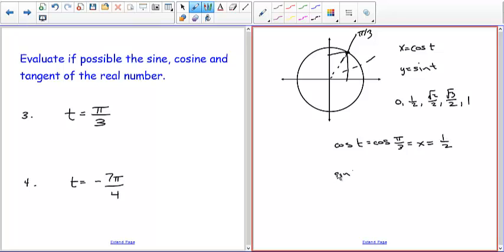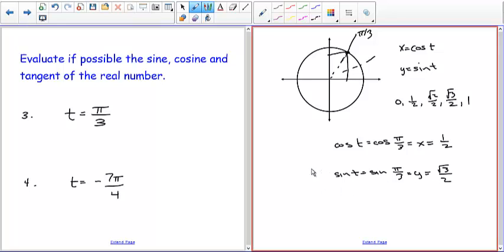And the sine of t, which is the sine of pi over 3, is the y-coordinate. You go up here, and the y-coordinate of this point on the unit circle is going to be the square root of 3 over 2. And they're both positive, positive x, positive y. So those are the sine and the cosine.